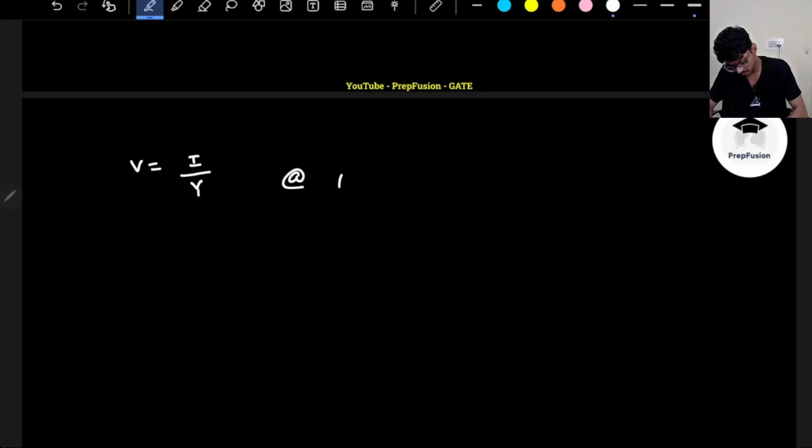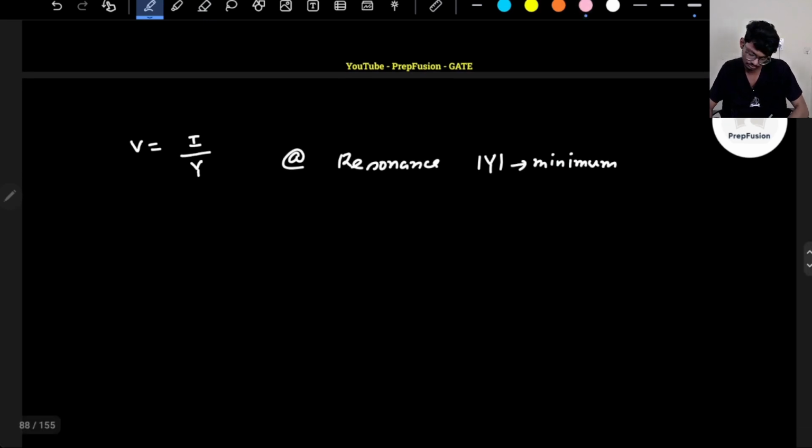So at resonance, the magnitude of admittance Y is minimum, correct? So V is equal to the magnitude of I divided by the magnitude of Y, hence my voltage will be maximum.